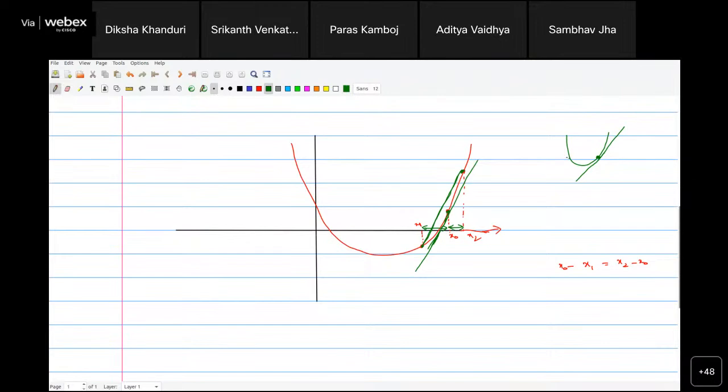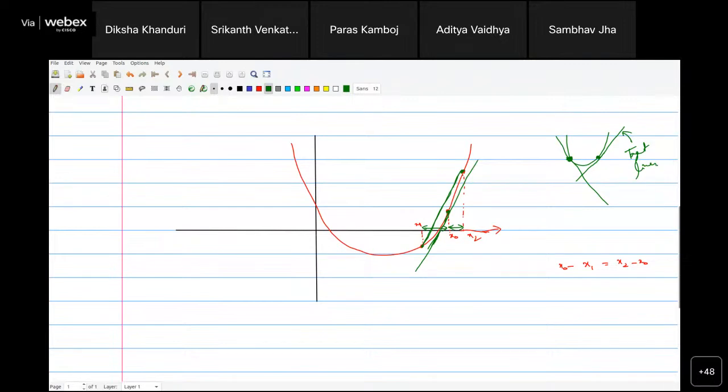So if I look at the tangent line at this point, it will be somewhat like this. It touches only once and goes like this. So these lines are called tangent lines. Okay.